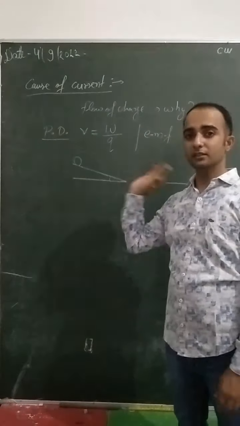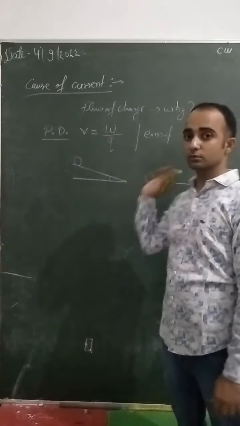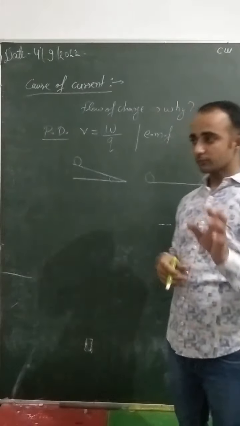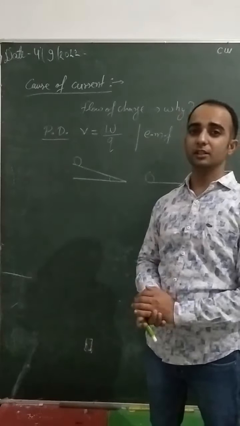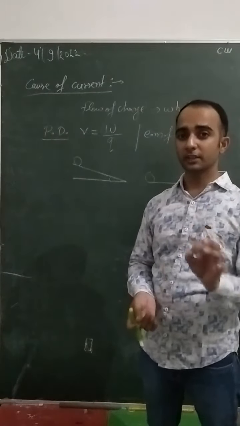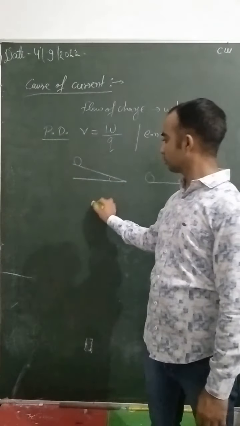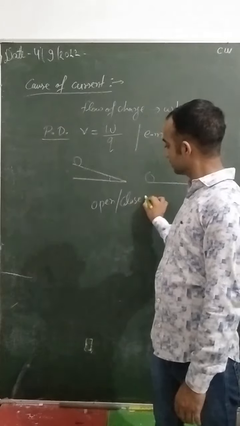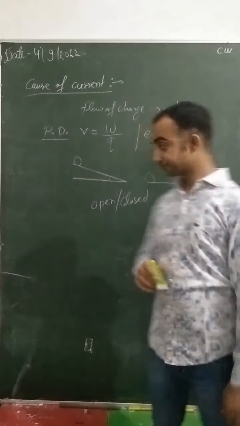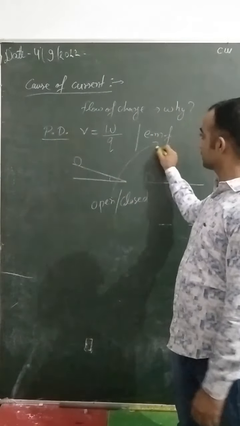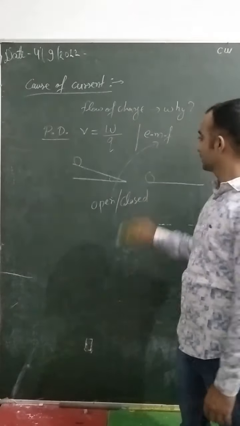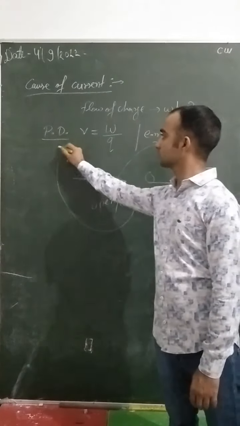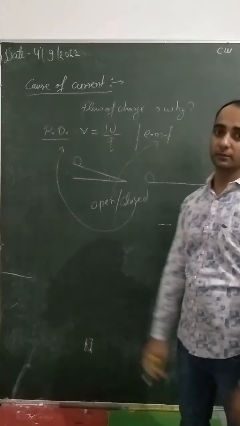Potential difference and EMF, what are these two? Potential difference and EMF are both the same. The only difference is whether the circuit is open or closed. If the circuit is open, then it is called EMF, and if the circuit is closed, then it is called potential difference.